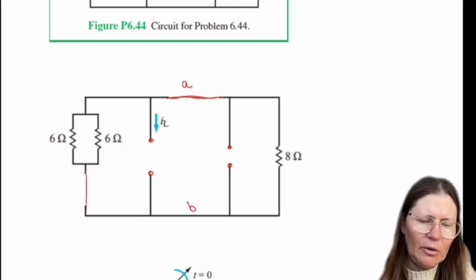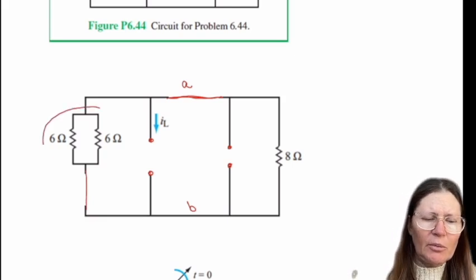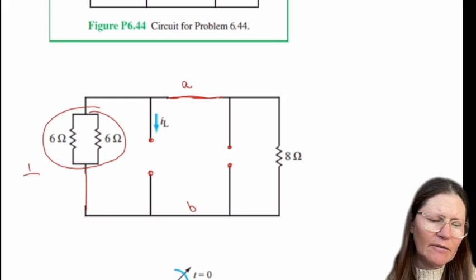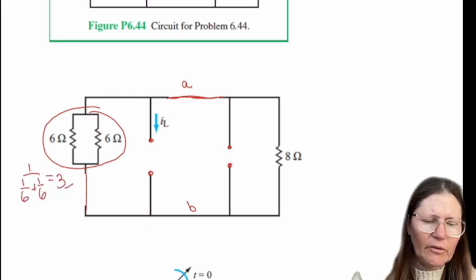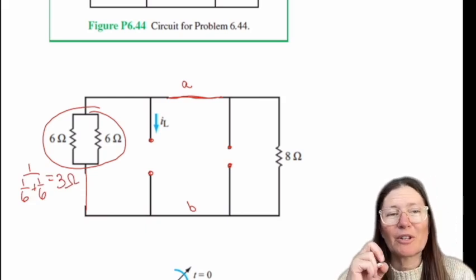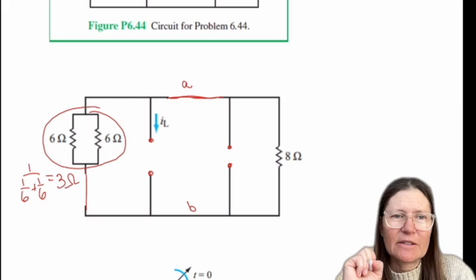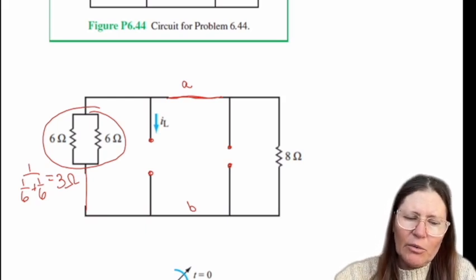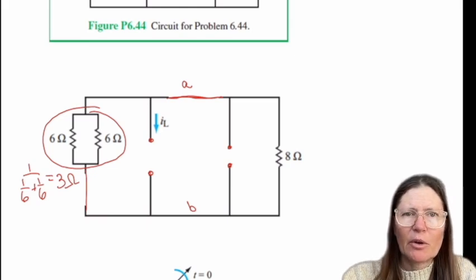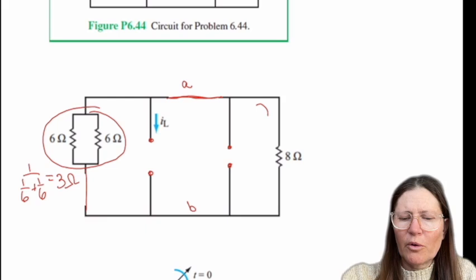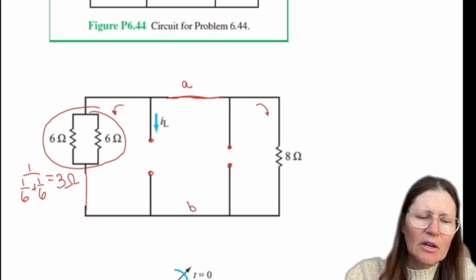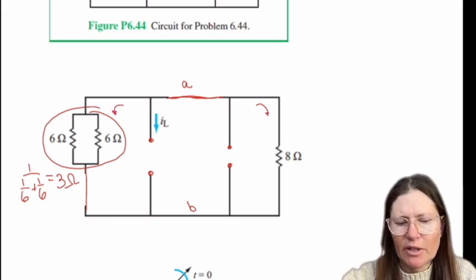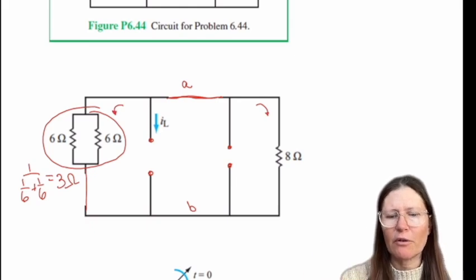And so these two in parallel is going to give us 6 ohms, or 1 over 6 plus 1 over 6 is 3. And so we have 8 in parallel with 3 is our pathway, because going from A, we're going to split and go through 2 different pathways to get back to B. So that's going to be a parallel form.